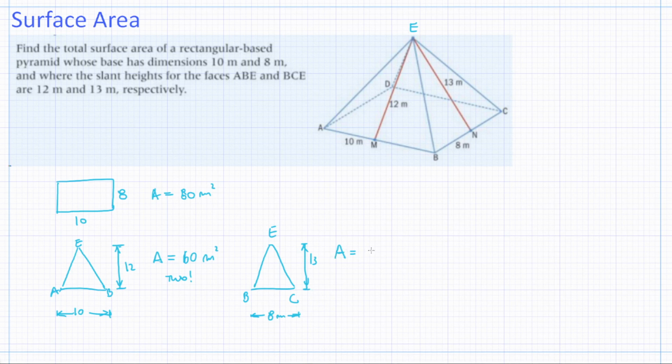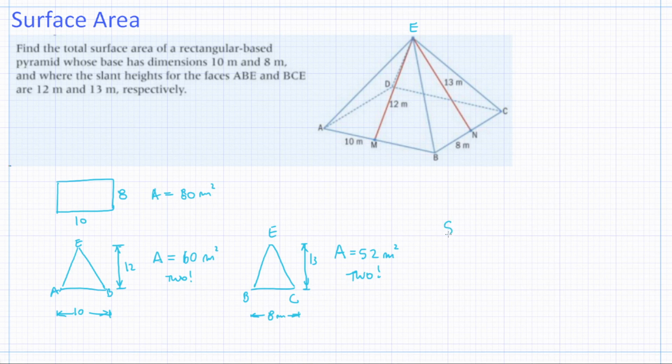I know the height, I know the base, I'll just multiply those two. So 13 times 8 divided by 2, that should be 52 squared meters, right? And then again, we've got 2 of those.